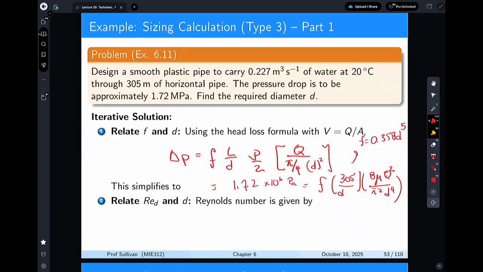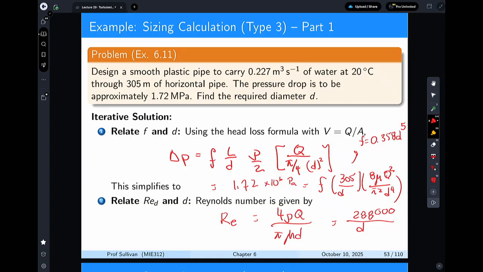So just substituting all the numbers you have, you know you have water, you get that from tables, and then you relate Reynolds number and diameter, and that's just going to equal 4 rho Q over pi mu d, which is 28,800 over d.